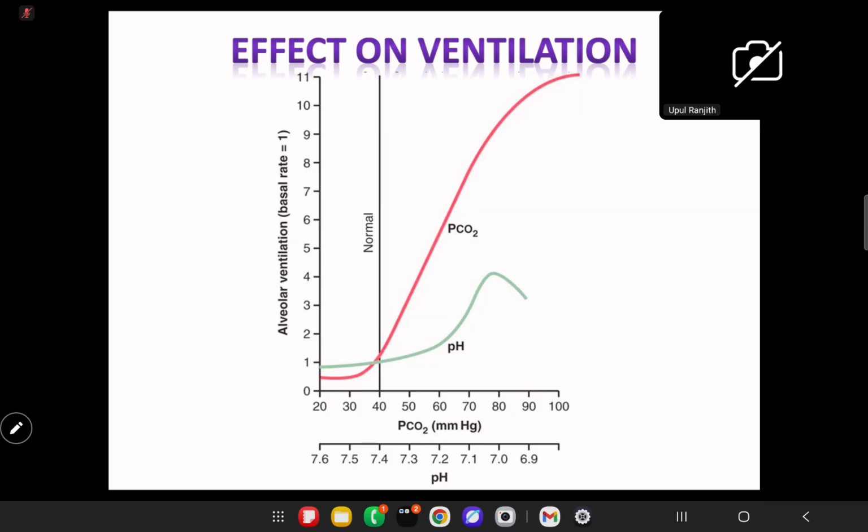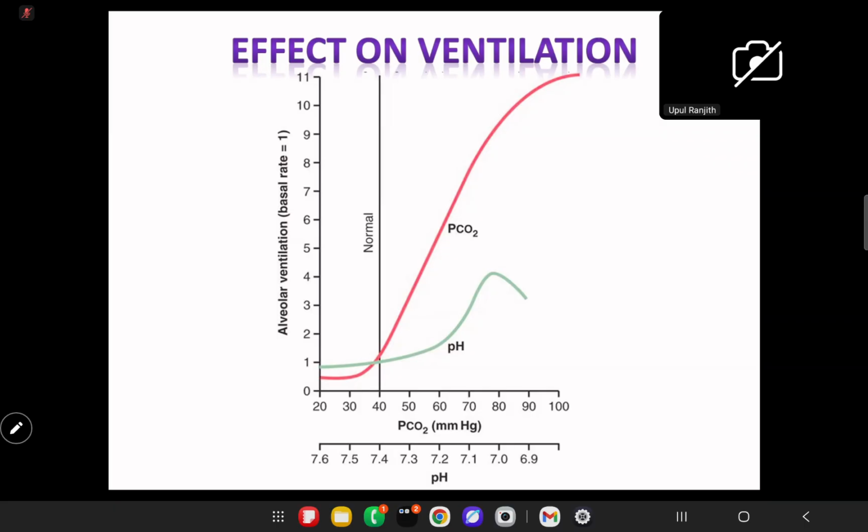You can see the normal line intersects the PCO2 and pH lines. In the y-axis it is times normal, so 1 is normal alveolar ventilation. When it is 1, the partial pressure of carbon dioxide is 40 and pH is 7.4.